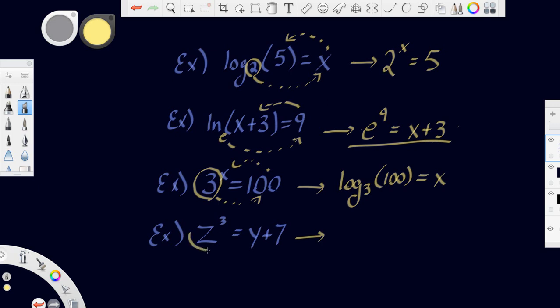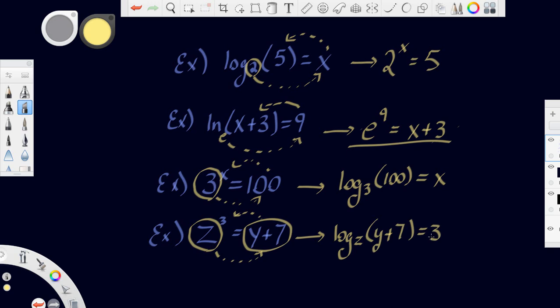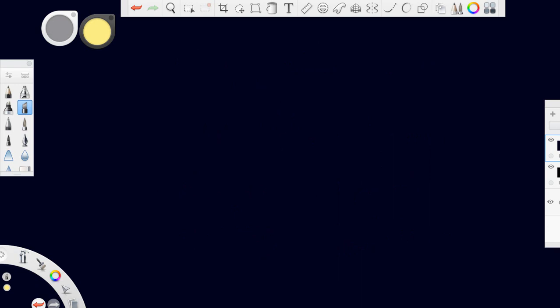And for this one, it's going to be log base z of this whole thing, y plus 7, equals 3. All right. Great. Good. So let's go ahead and do one more example.